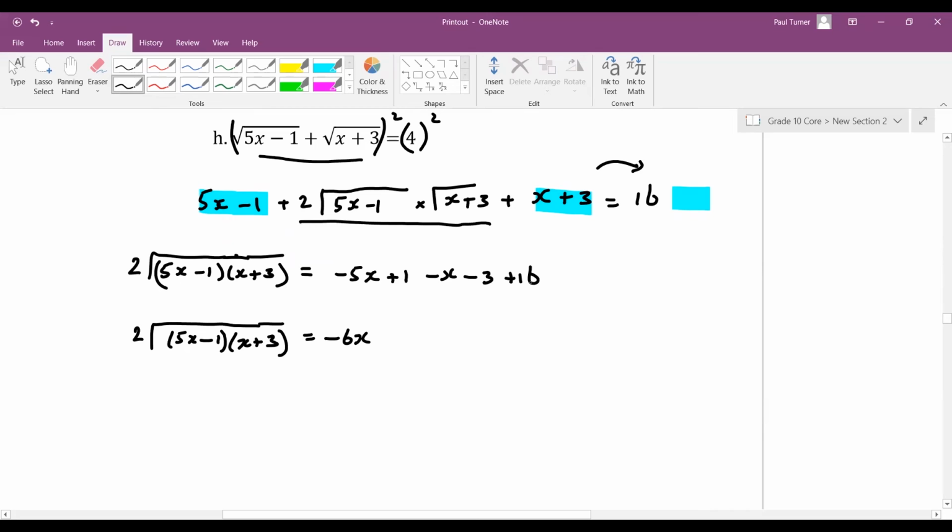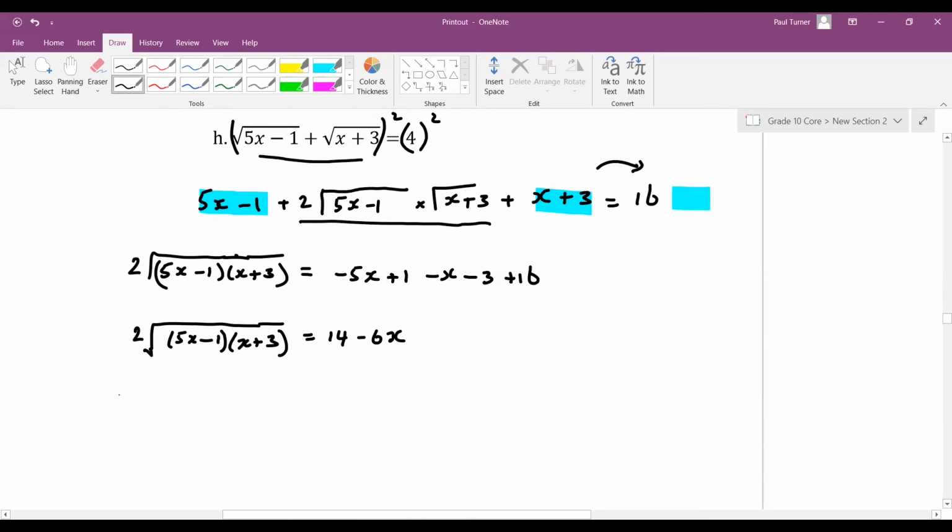And I've got 16 plus 1, 17. Minus 3, that's 14. So I'm going to make this 14 minus 6x. I like the number in front. Like that. So it's looking better because now we only have one radical on this side.